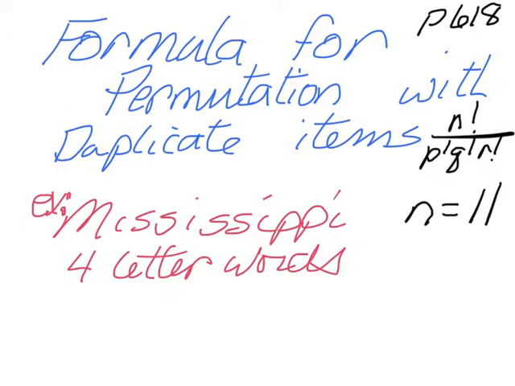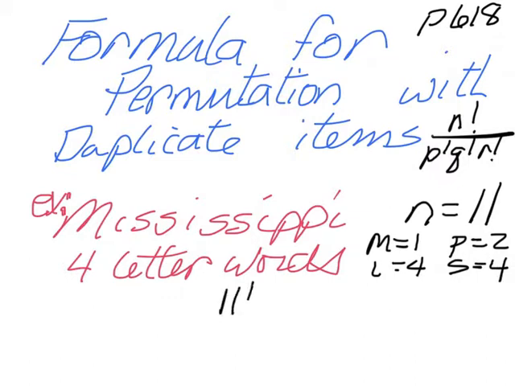So in our case, n is 11, the number of M's is 1, the number of I's is 4, the number of P's is 2, and the number of S's is 4. And so our permutation of 4-letter words would be 11 factorial over 1 factorial times 4 factorial times 4 factorial times 2 factorial.